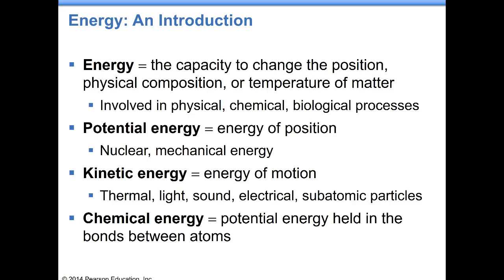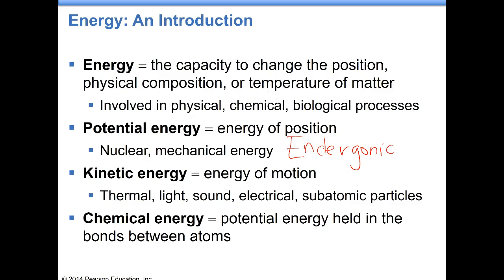When we think of chemical energy, we think of it in terms of potential energy, and that's stored energy. I want you to remember the term endergonic, where you have energy that is stored within the bonds of a compound.